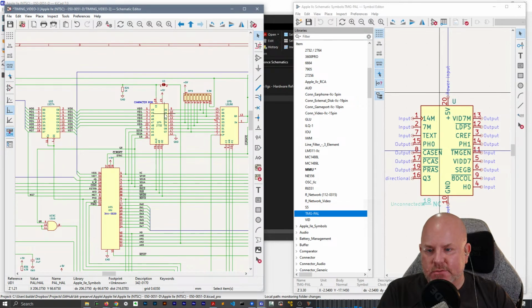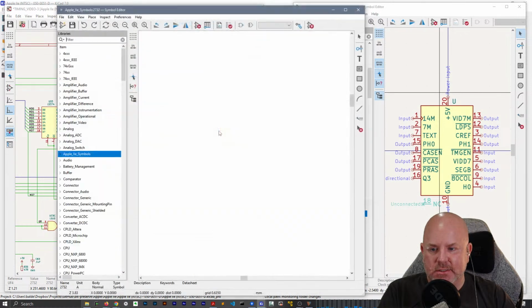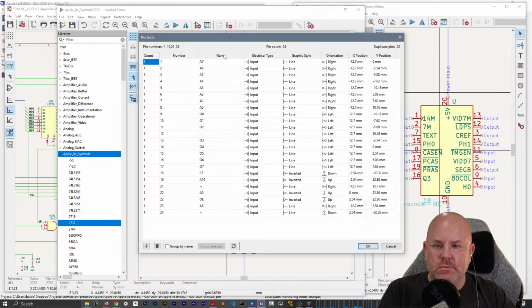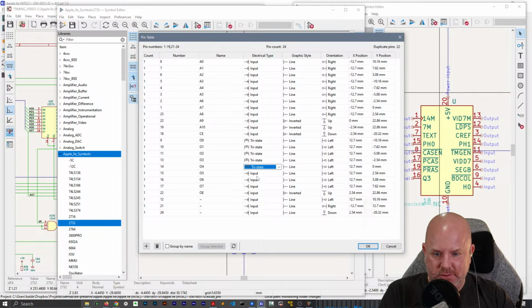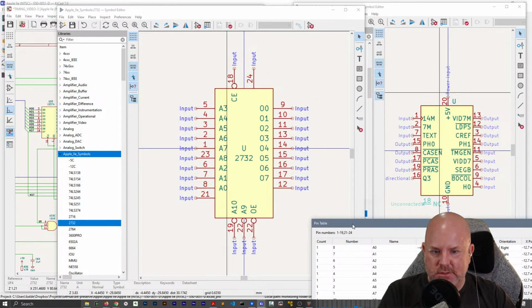IOU did 2732, the character ROM. I don't think we did that one yet, but this might be based on. Nope. All right, so let's go. Outputs are going to be tri-state because it's a ROM, so there's a chip enable. I don't know what 12 is. Let's see. 12 is probably one of the address lines.